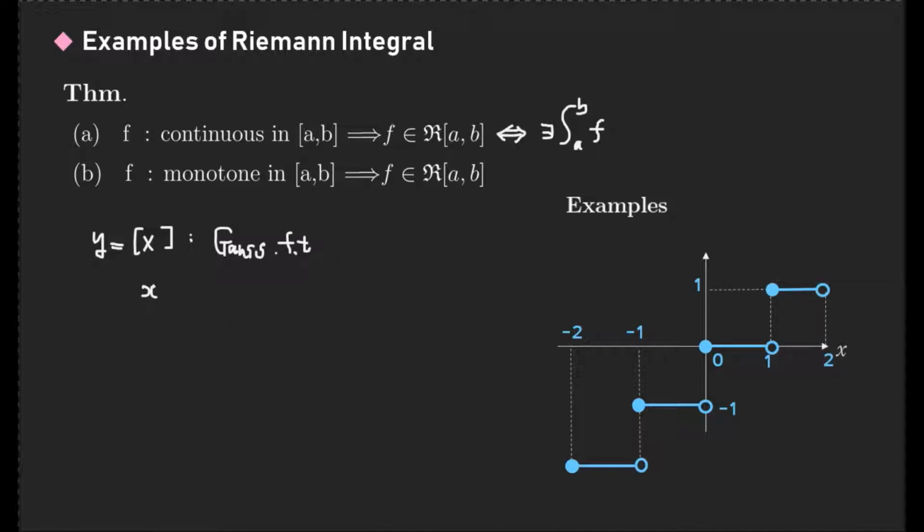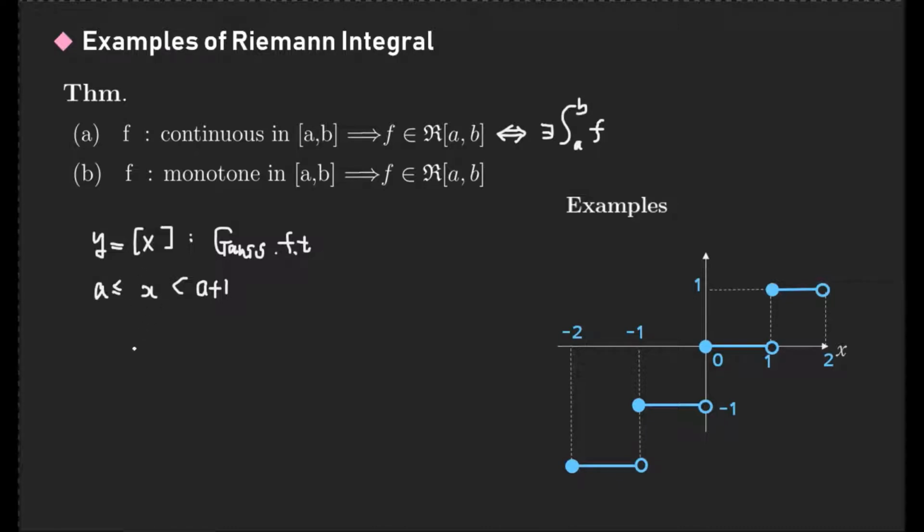If x is chosen, there exists an integer a such that a is smaller than or equal to x, and x is smaller than a plus 1. So a is the integer part.